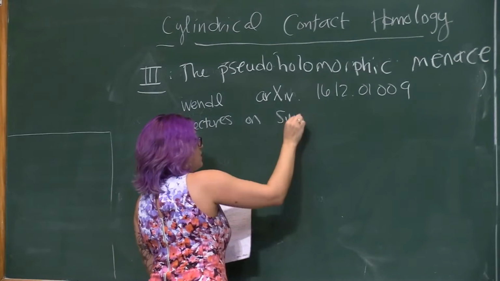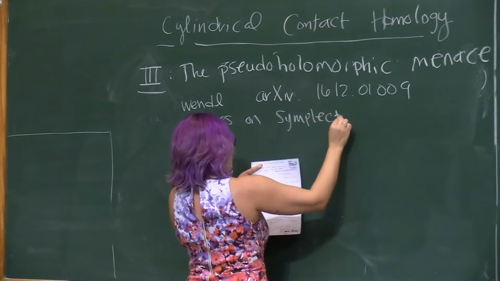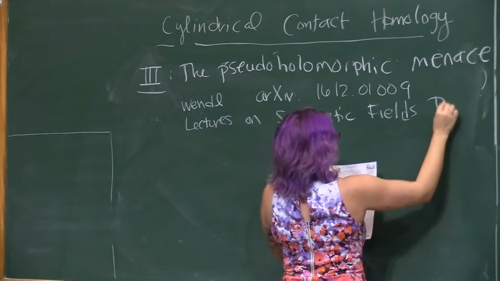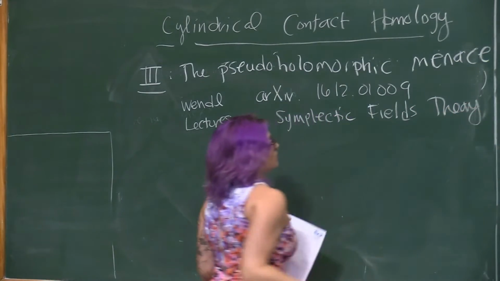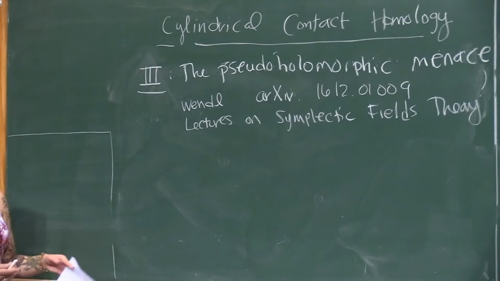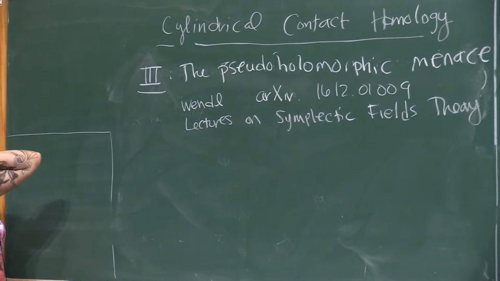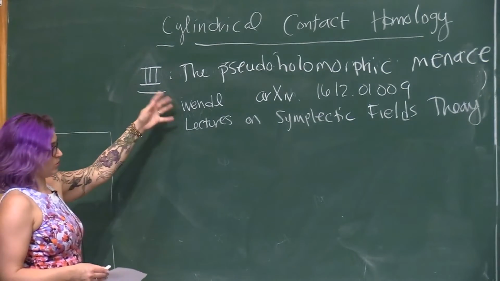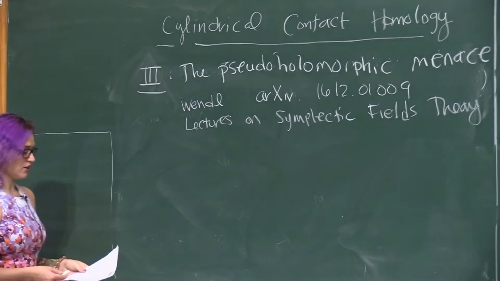But they're probably the most comprehensive notes if you want to learn about pseudo-holomorphic curves in symplectizations, which are not showing up in ECH. If they're showing up in ECH, then you want to read Michael Hutchings' lecture notes on embedded contact homology. But if you're doing other things, Wendl has some nice lecture notes.